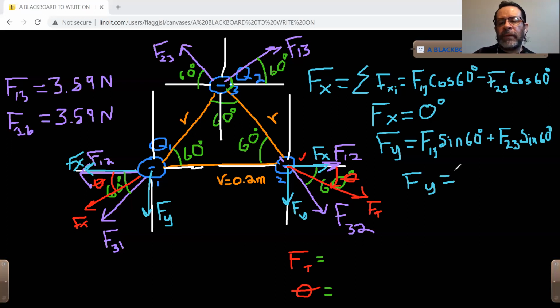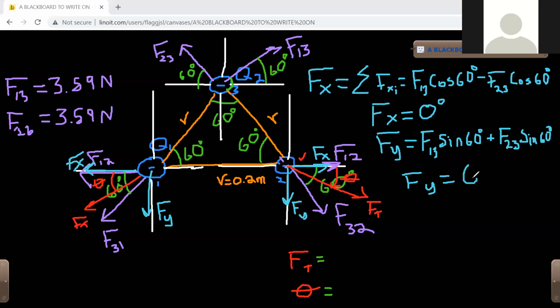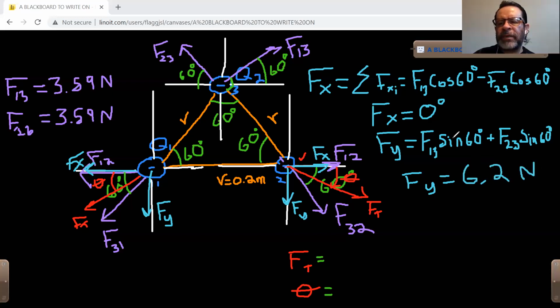Okay, and this should give us, if I'm not mistaken, 6.2. Can somebody do that calculation, please? 6.2 newtons, because sine of 60 is 0.5, plus 0.5, multiplied by 1.